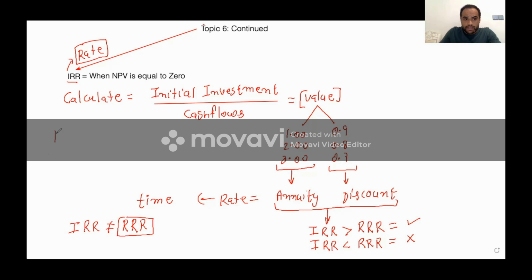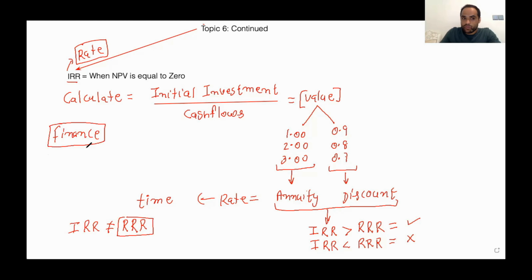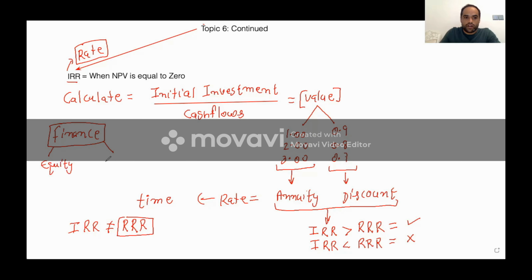Remember, when we start a business, we need finance, right? Finance comes from, you know that we have two ways to get finance. We get equity, right? Or we get debts. All right, equity and debts.